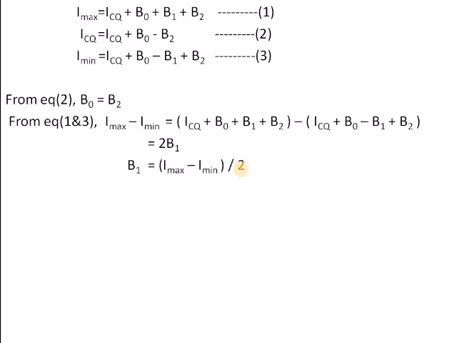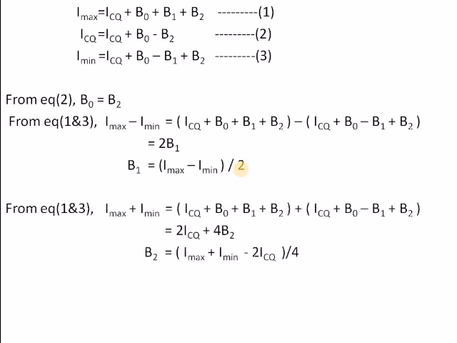And again, if you calculate I max plus I minimum, which means the summation of equation number 1 and equation number 3, I max plus I minimum is equal to, if you see this equation, ICQ plus ICQ is equal to 2 ICQ, B0 plus B0 is equal to 2 B0, and we know B0 is equal to B2, therefore we can write it as 2 B2.